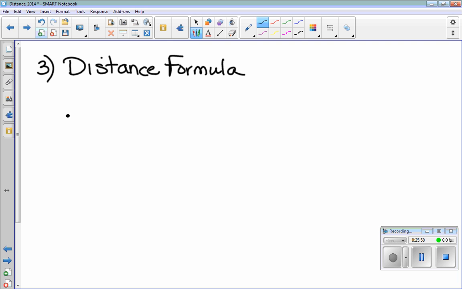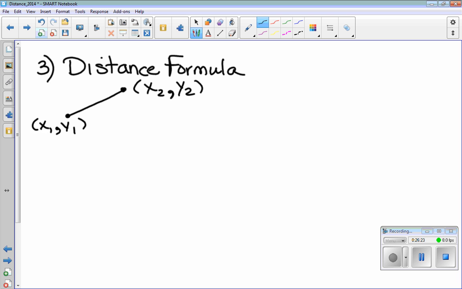If you are literally just trying to find the length between 2 points, we're going to use x1, y1, x2, y2. Simply have 2 points. That goes on the front. You're finding the distance between 2 points on a coordinate plane.